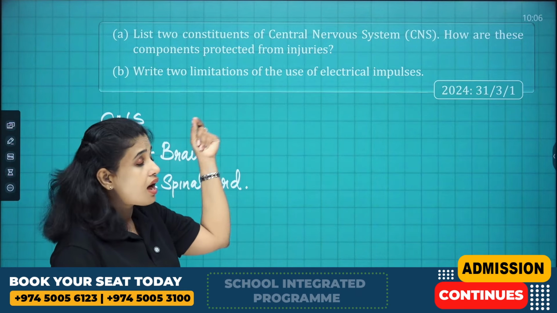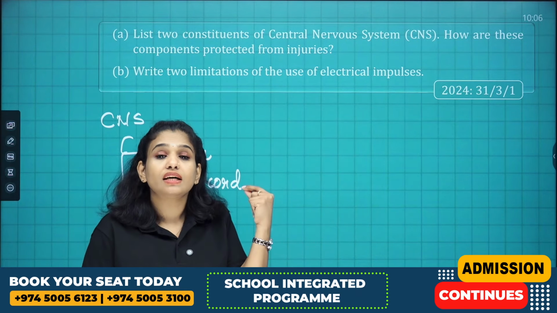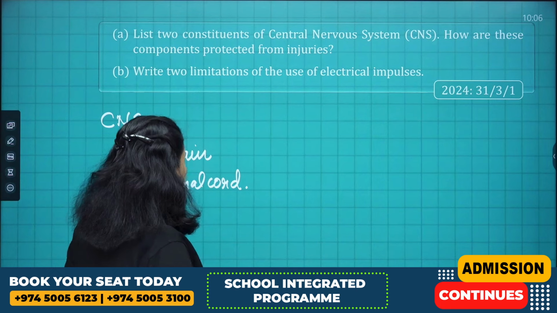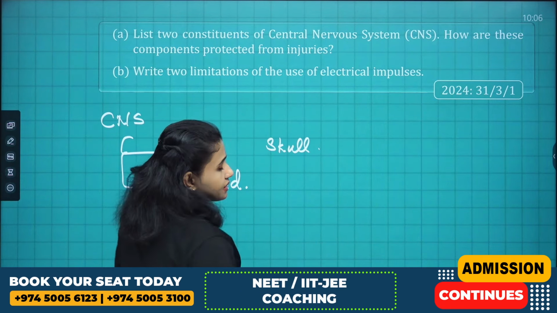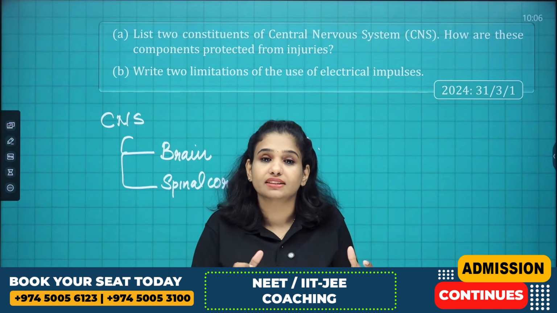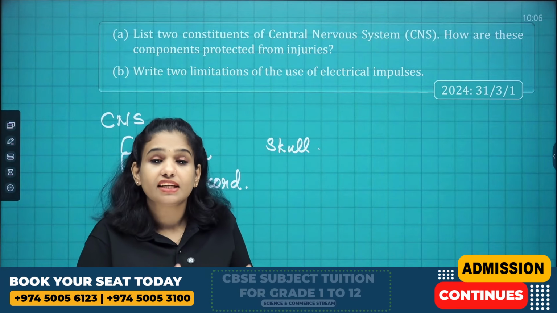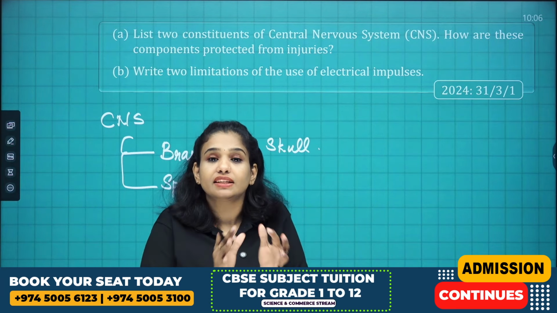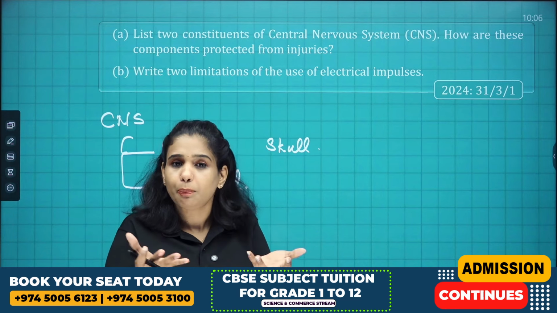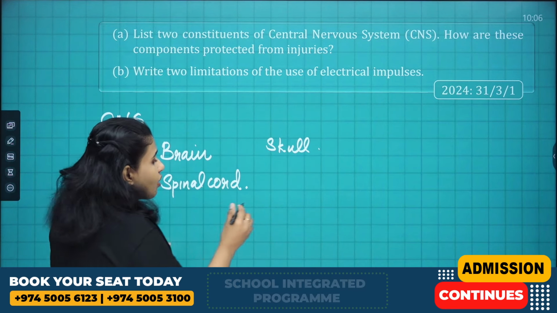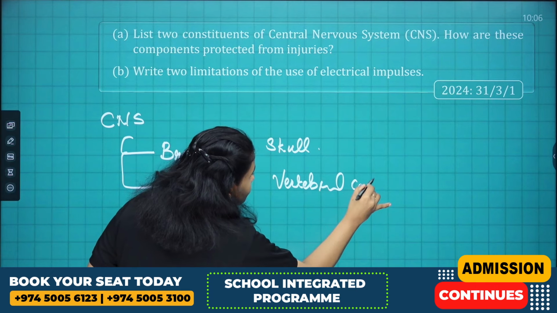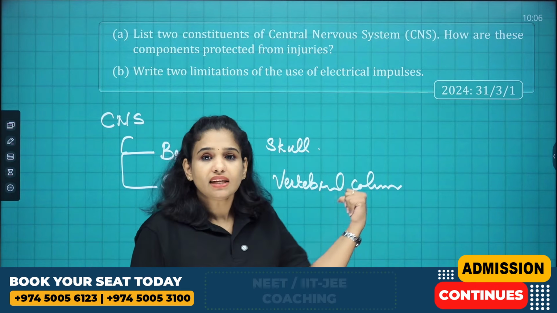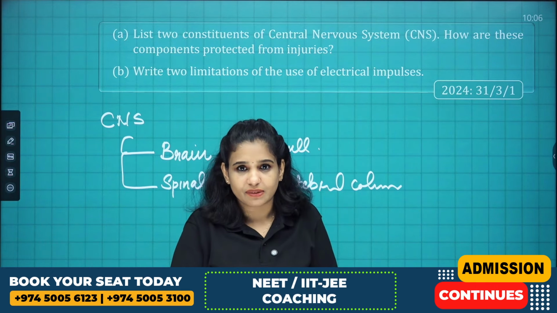And how are these protected? The brain is protected outside by the skull or cranium. Skull is the bony socket which protects the brain. Now, the spinal cord is protected from outside by the vertebral column.